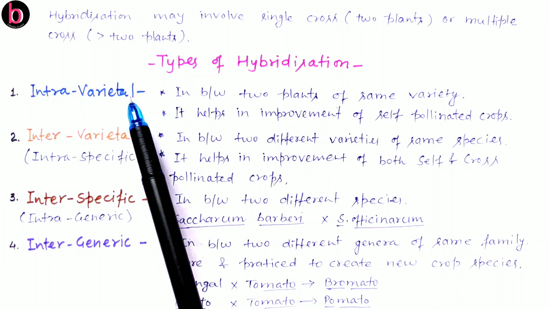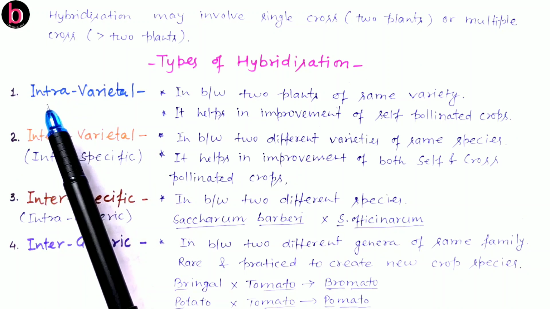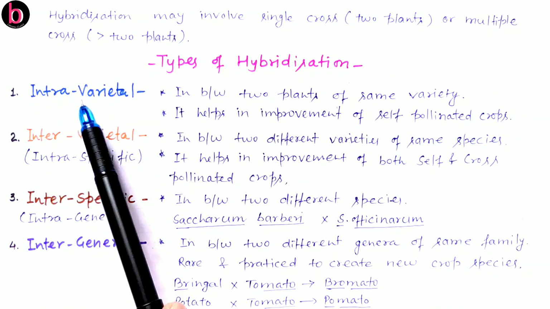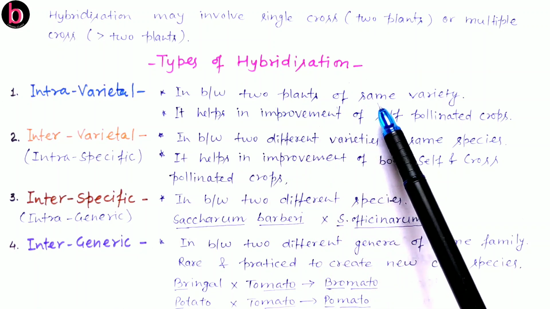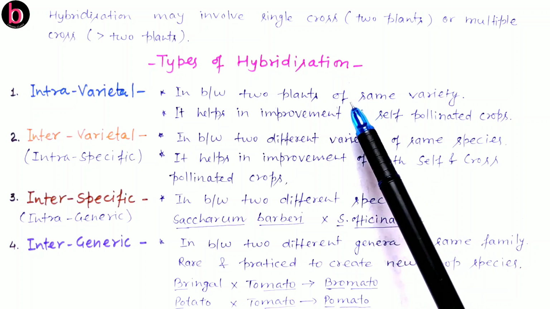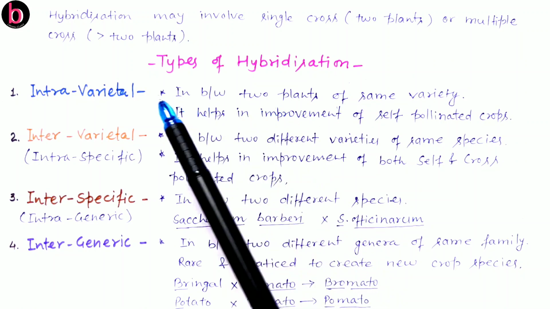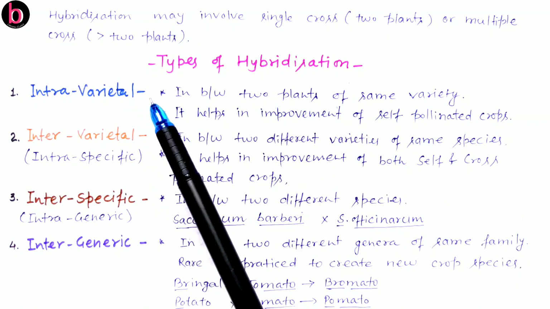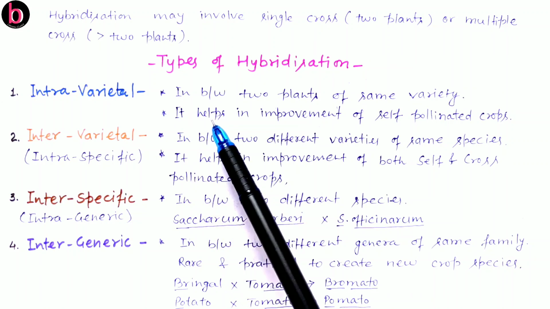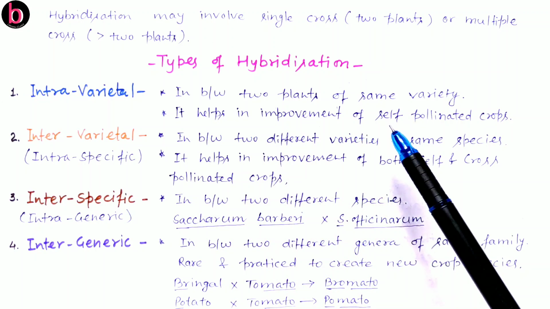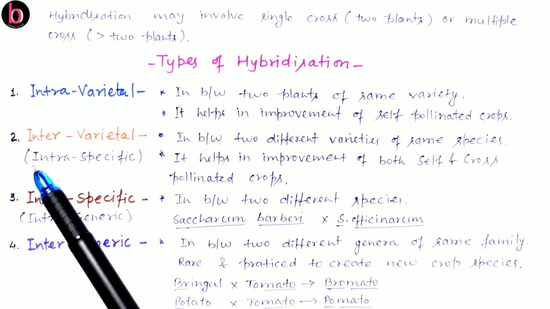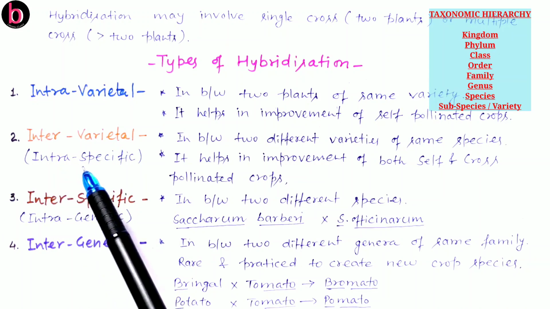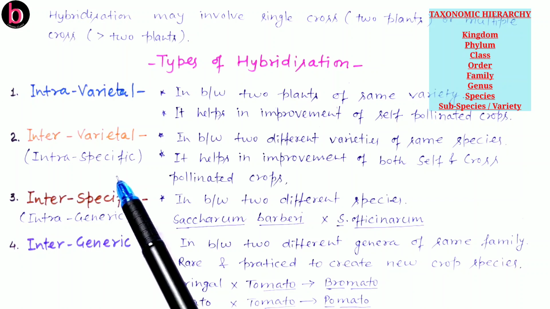First is intravarietal. So intra means inside, so inside the variety. This occurs between two plants of the same variety, means in the same variety there may be two plants between which we have to perform hybridization. And this intravarietal hybridization helps in improvement of self-pollinated crops. Second is intervarietal, that is also known as intra-specific.